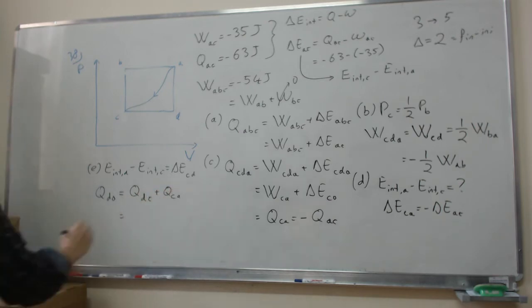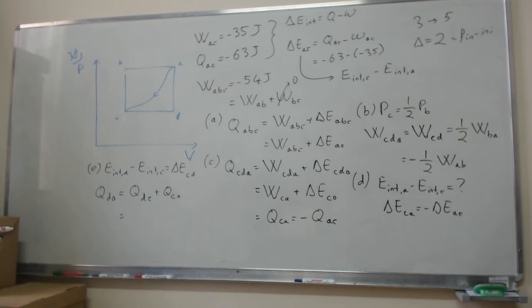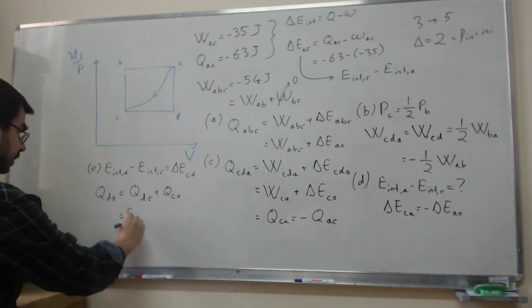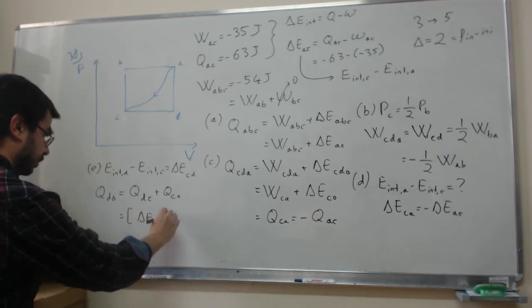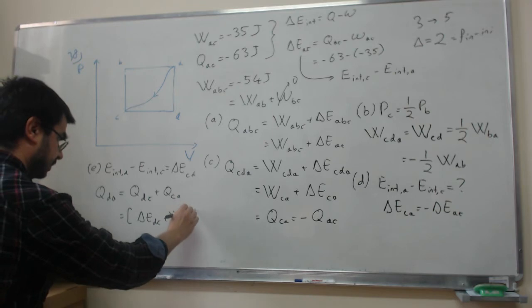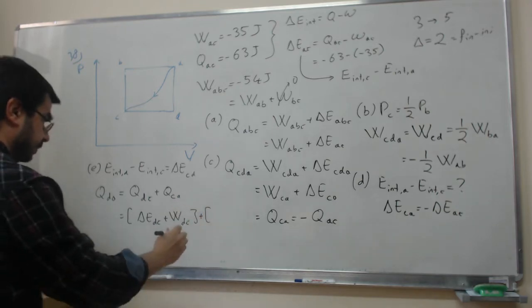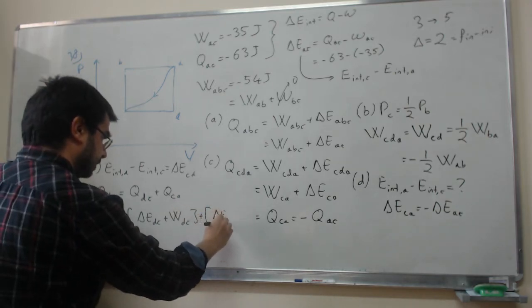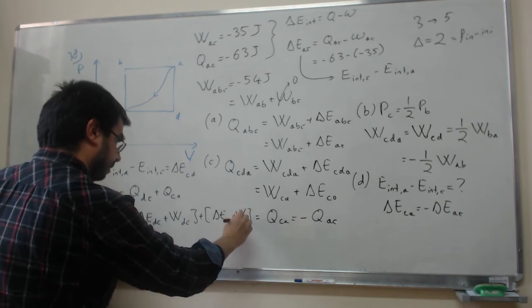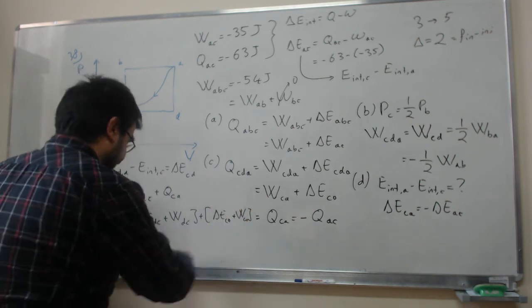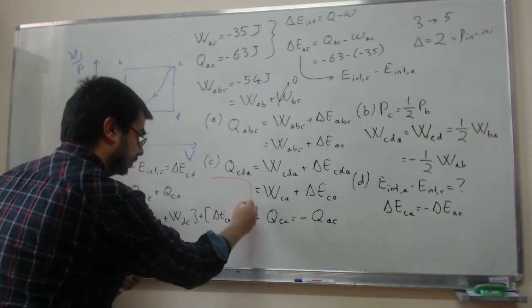And now using the first law of thermodynamics, I can write this in two ways. So this is going to be just delta E DC plus work done DC plus delta E CA plus work done CA. Okay? So obviously these are not related to each other.